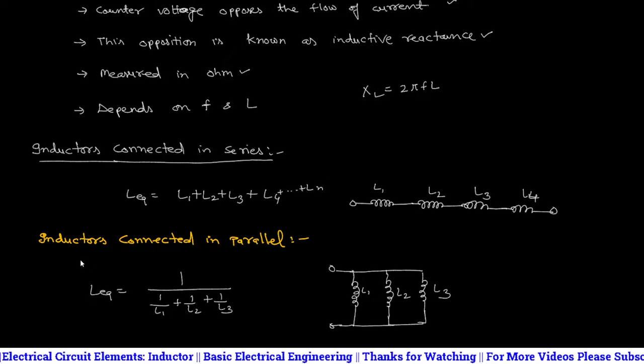Similarly, if three inductors L1, L2, L3 are connected in parallel, then the equivalent inductance will be 1 upon (1 upon L1 plus 1 upon L2 plus 1 upon L3). So the formulas for series and parallel connection of inductors are just similar to resistance.